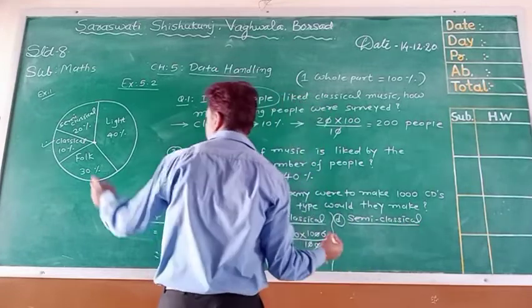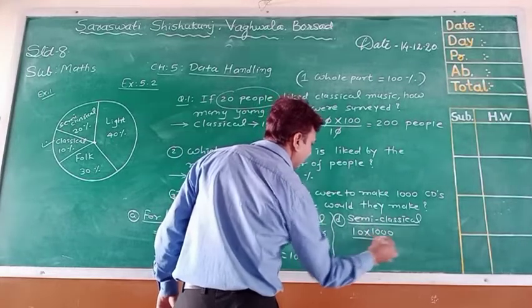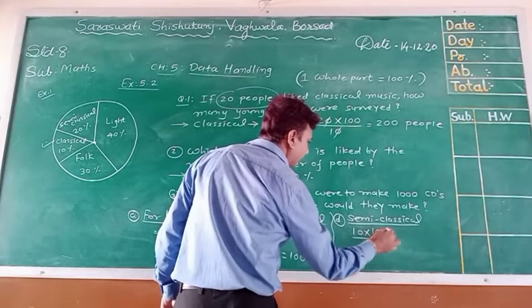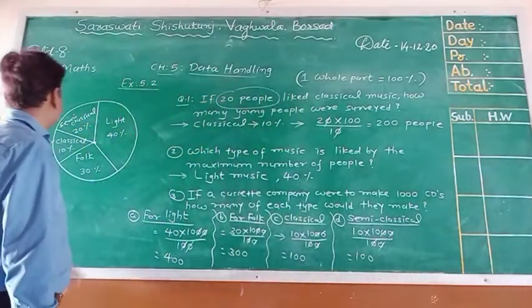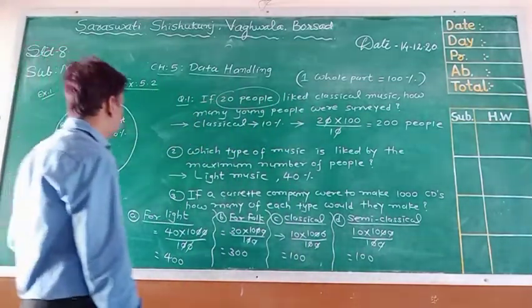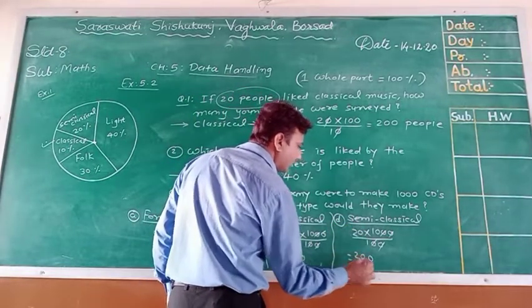In the semi-classical, that is 10%, 10 multiplied by 1000 upon 100, so 100 series. Semi-classical, sorry, 20%, so 200.